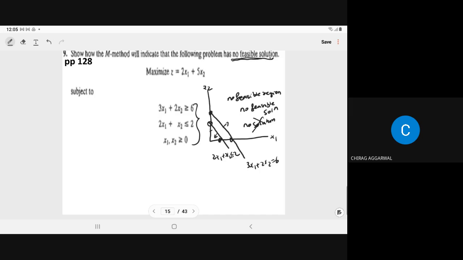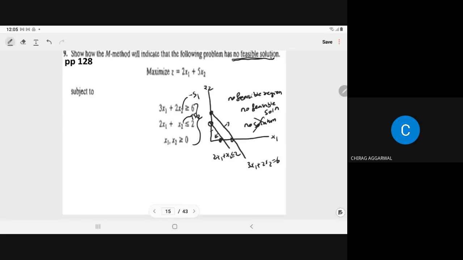Now if you do the same question by the analytical or algebraic method, we have to subtract the surplus variable, and here we have to add the slack variable.